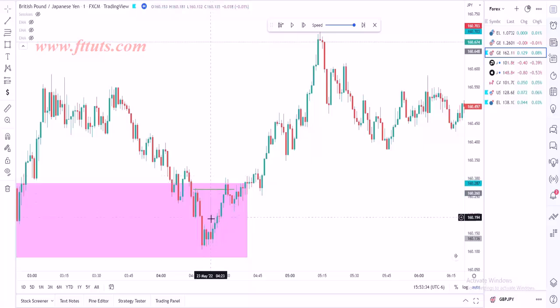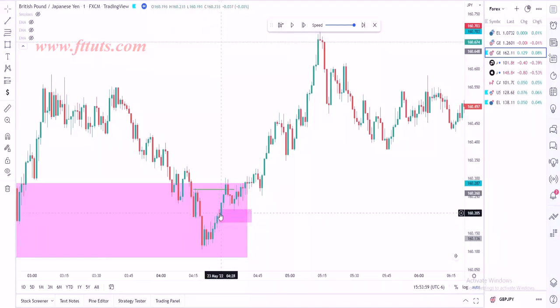Actually, let's map this out. Hold on a second. 181 is the high. 180 is the low. So this actually did tap that. So this is the order block, okay? Because this has been tapped. So then we're just going to the next order that makes sense.